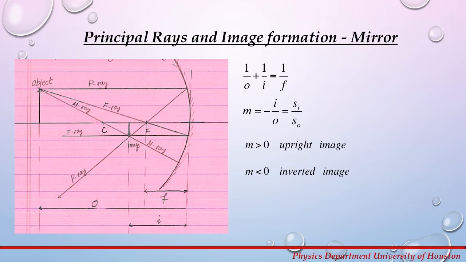Now let me ask you a question. If the light converges to a point after being reflected from a plane mirror, are the light rays prior to striking the mirror going to converge or diverge? What do you think? Yes, you're right.